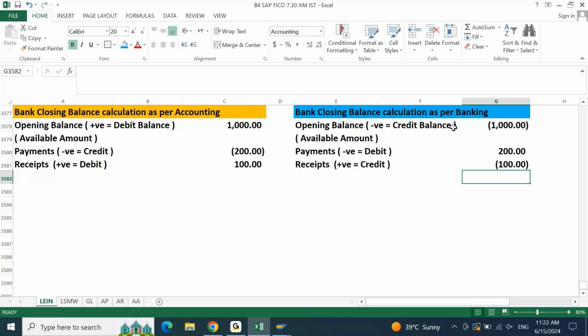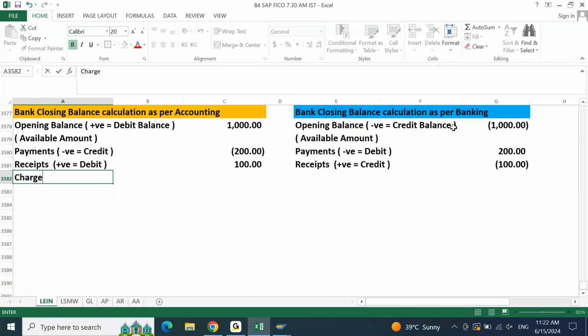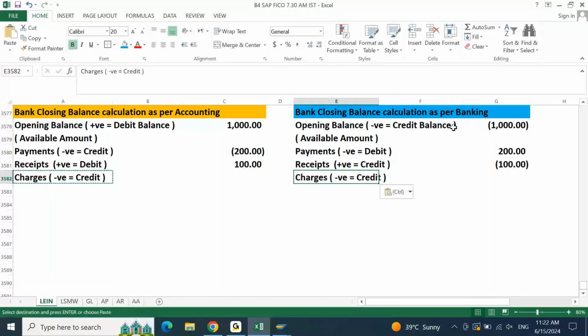And after that, you had some expenses. In short, you have charges. Charges we understood, it will be deducted from your account. This is nothing but credit. Same credit, I am going to write this here. Now, according to your accounting, charges means negative number. Negative number is nothing but deduction. You are going to deduct by way of debit.